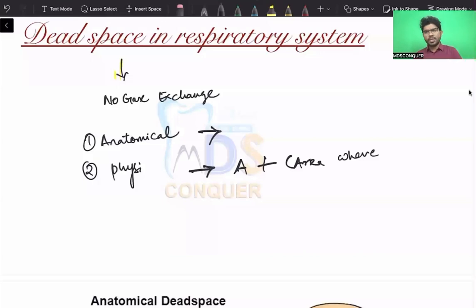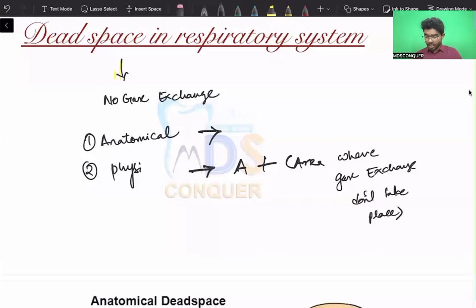That can be due to disease, or that can be due to usage of some products or something. Clear? So anatomical dead space is anatomy related. Physiological dead space is anatomical dead space plus areas where gas exchange does not take place.